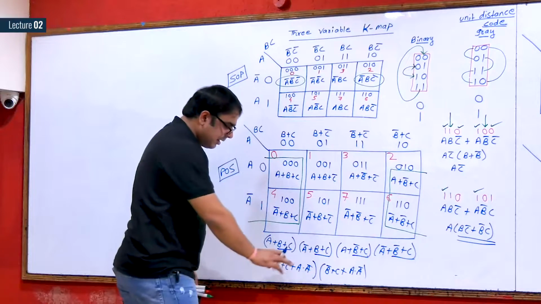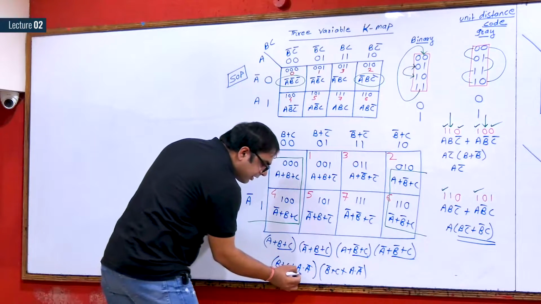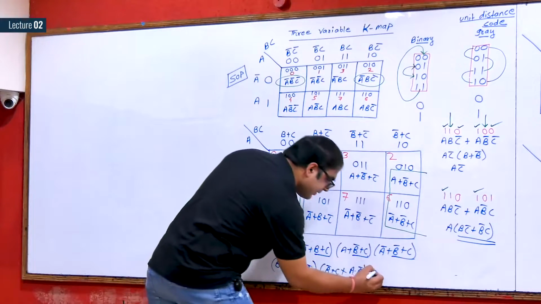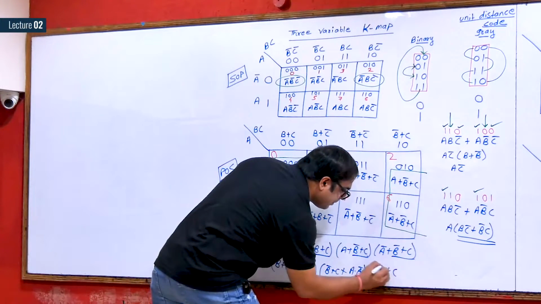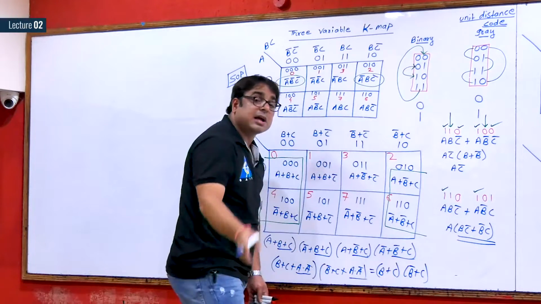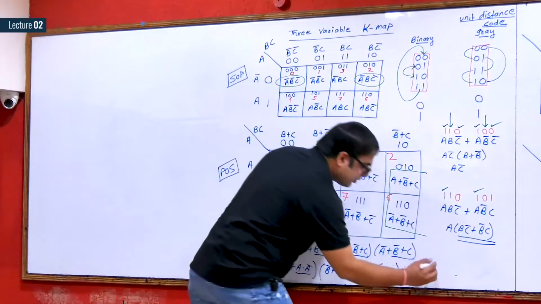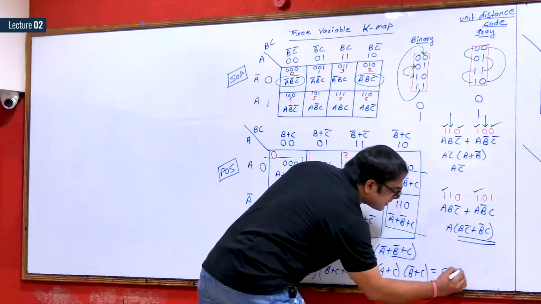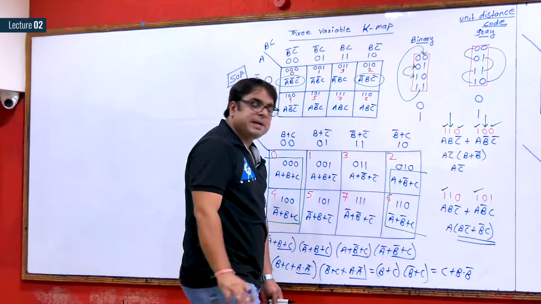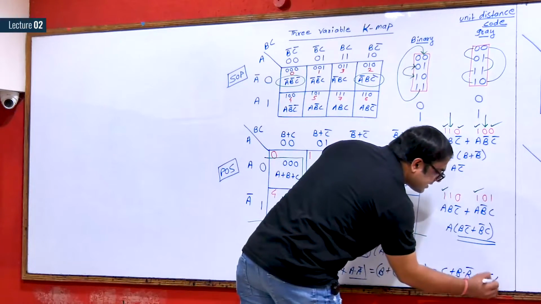Now, this A dot A complement is 0. Again, this A dot A complement is 0. This will give me B plus C and B complement plus C. Again, use distributive law. So C is common, C plus B dot B complement. So your answer is C.